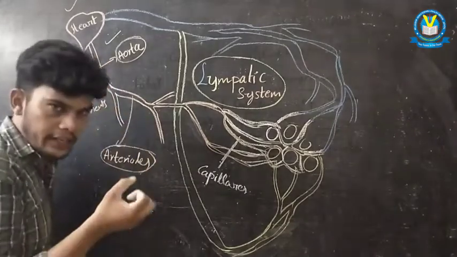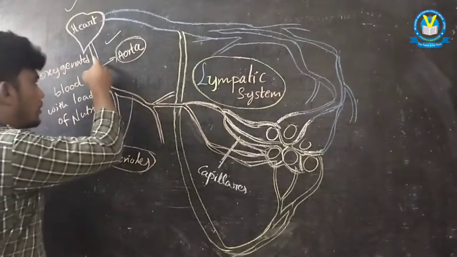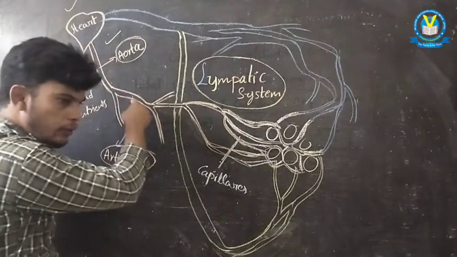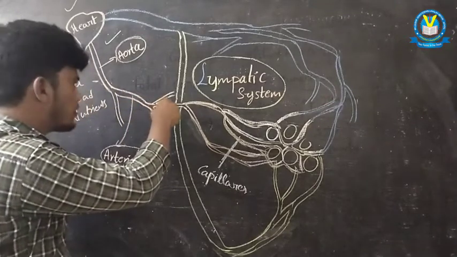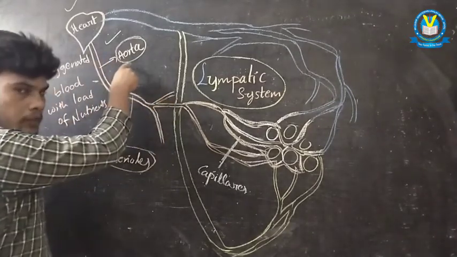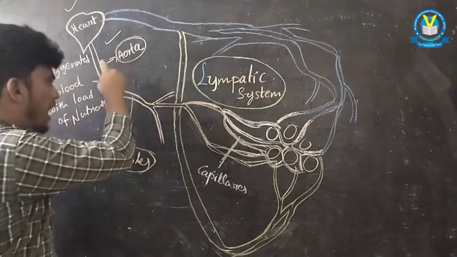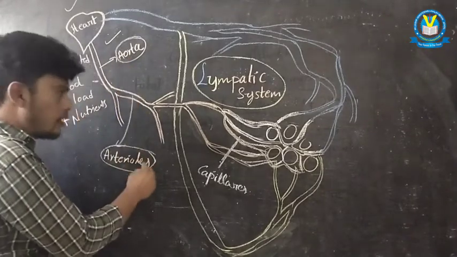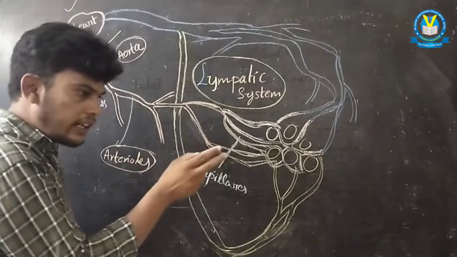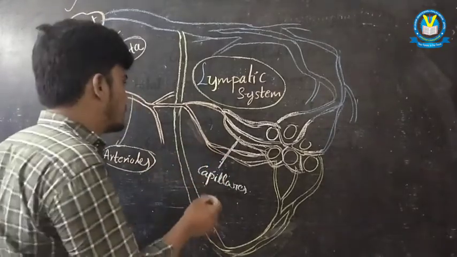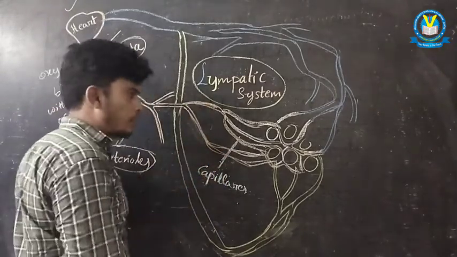When the heart contracts, oxygenated blood full of nutrients passes from the aorta, the biggest artery, then to arteries, then to arterioles, and the arterioles further divide into small branches. They are capillaries.